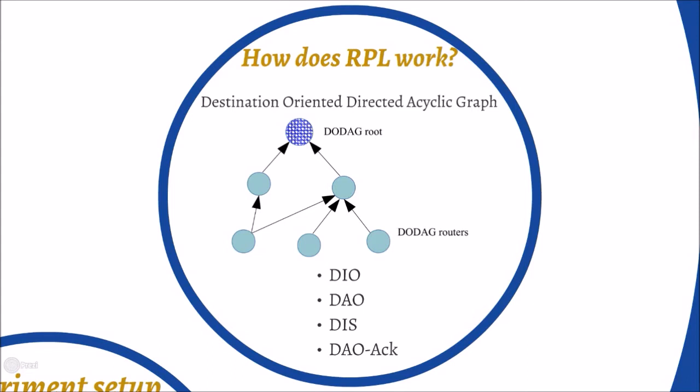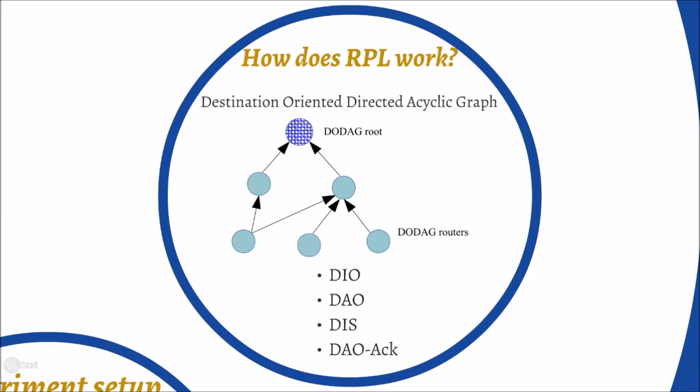In the case of my example, it was the hierarchy. The DIO is also used to choose a preferred path to the root to make the directed acyclic graph.